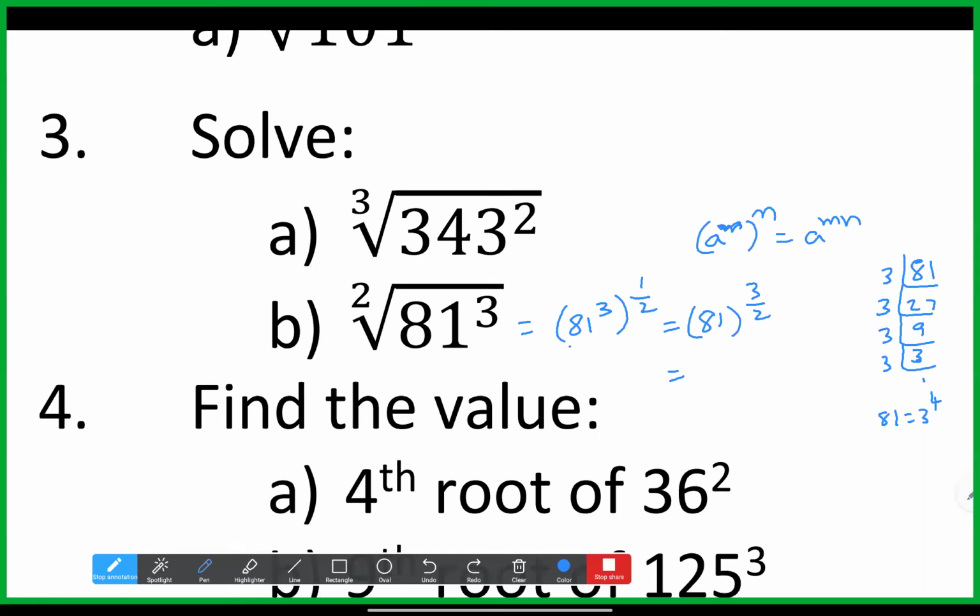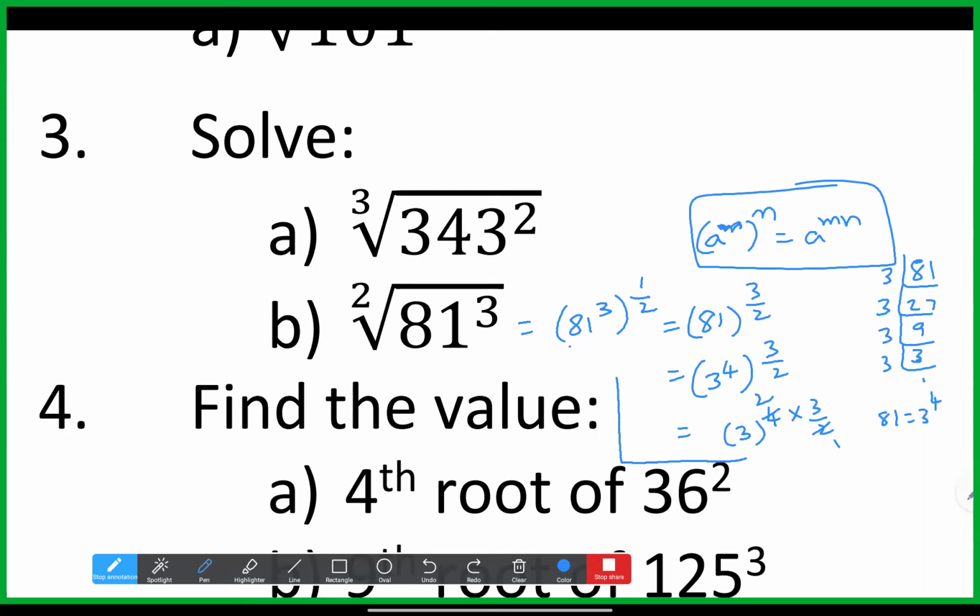No, sir. So it will become 3 power 4 whole power 3 by 2. So which is again the same law, a power m whole power n, a power mn. It will become 3 power 4 into 3 by 2. We can cut this, 2 ones are 2. Sir, can you tell what I have to write, Ishma, next step?